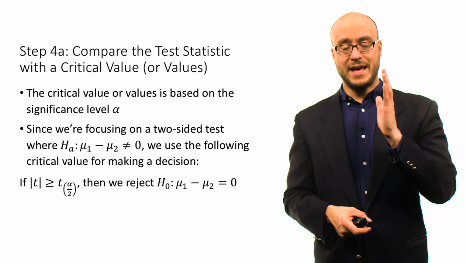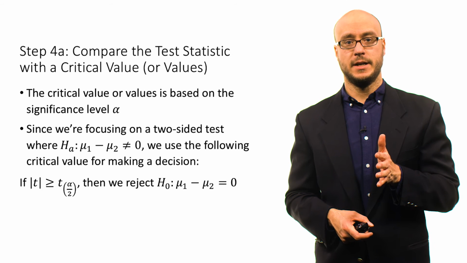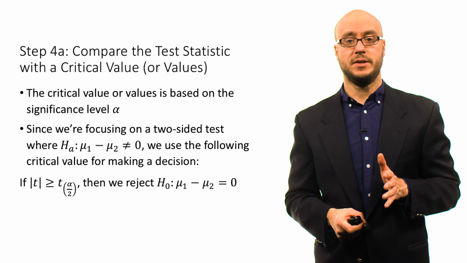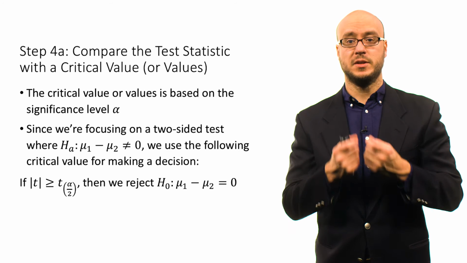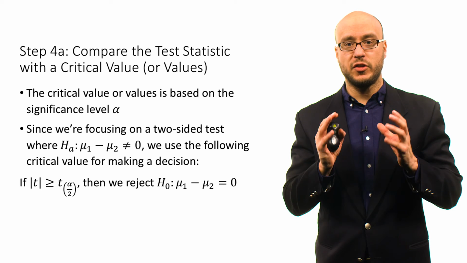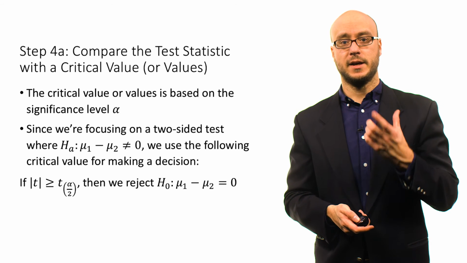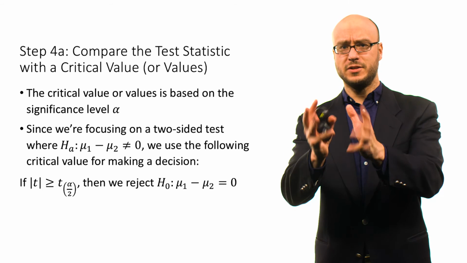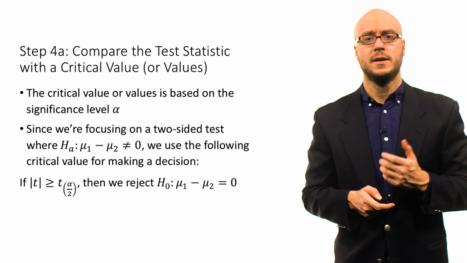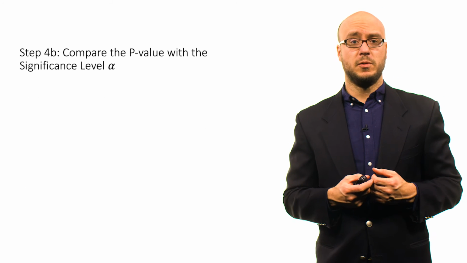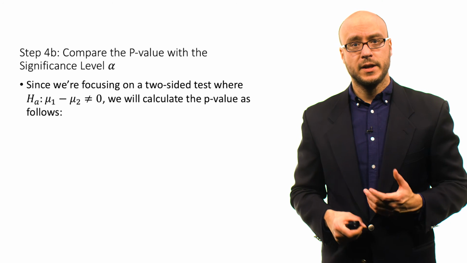We're going to say if the absolute value of that test statistic is greater than or equal to t alpha/2, which is derived from the t-distribution, then we're going to reject the null that the difference of two population means equals 0. Again, for this t alpha/2, we're going to use statistical software to find that. But intuitively, it's the same as what we've been doing so far.